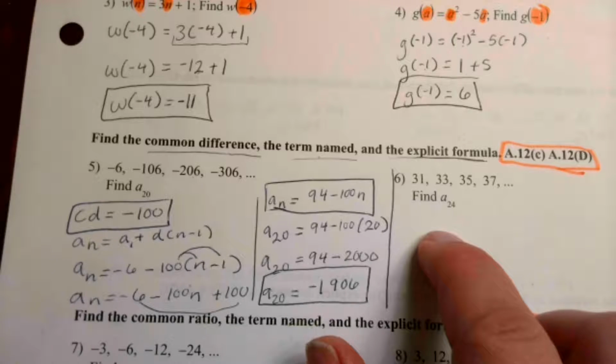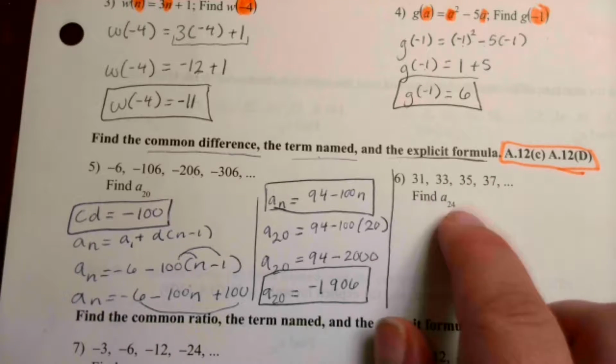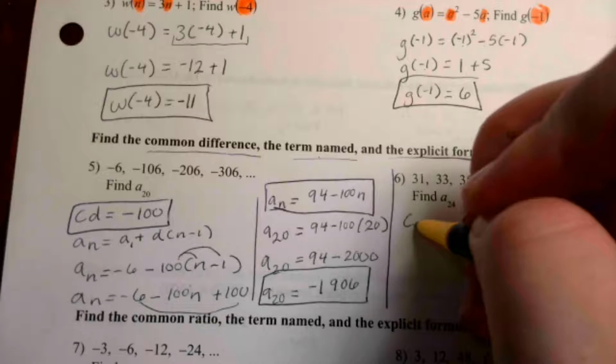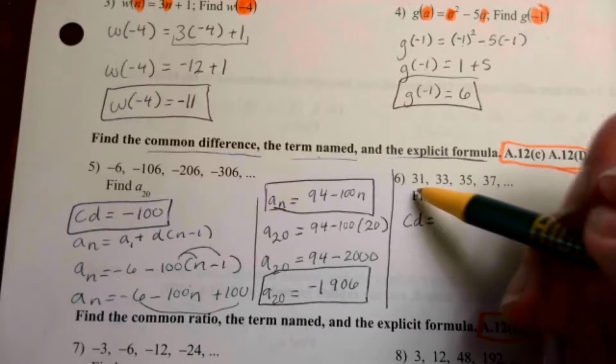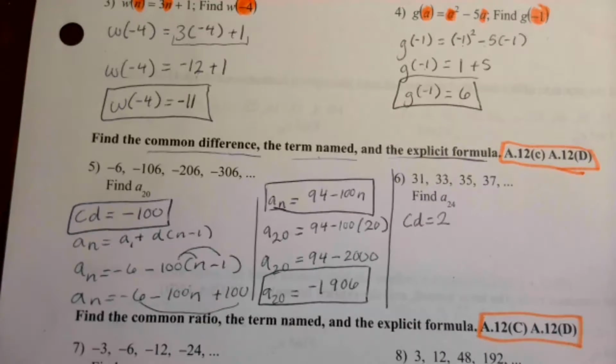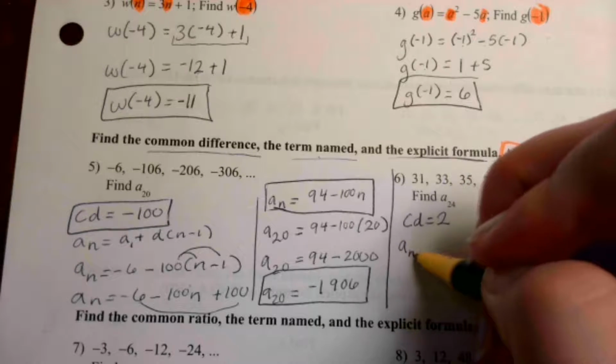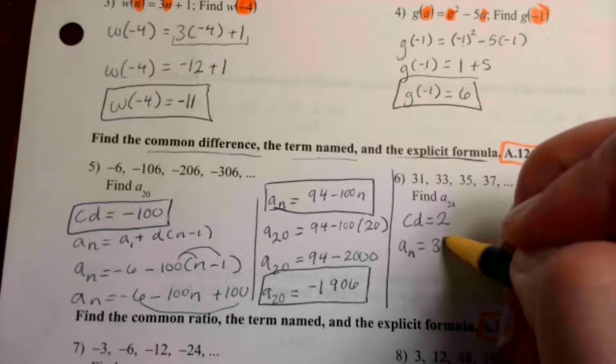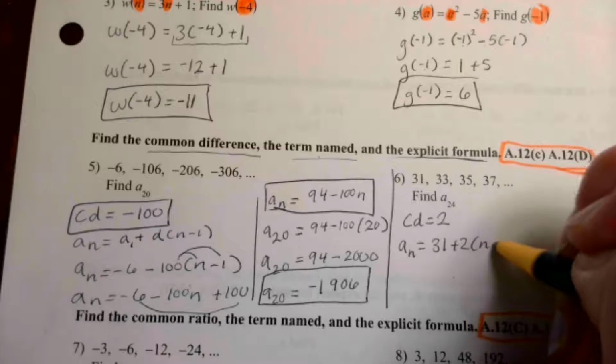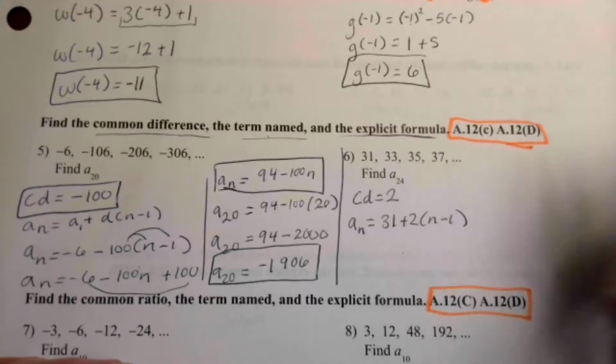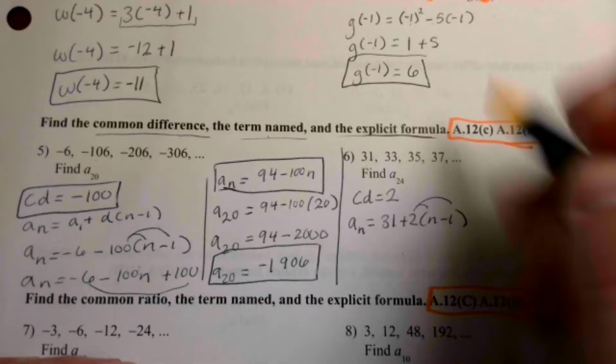So the first thing we're going to do again is ask ourselves, what are we adding or subtracting by? My common difference here is just 2. My explicit formula is just going to be my first term plus 2 times n minus 1. Distribute that 2.